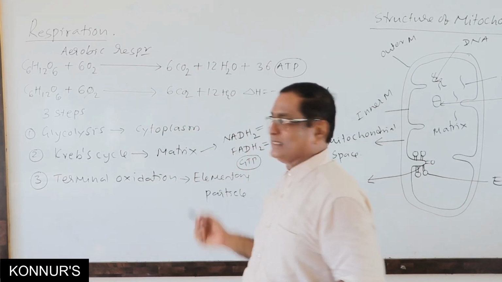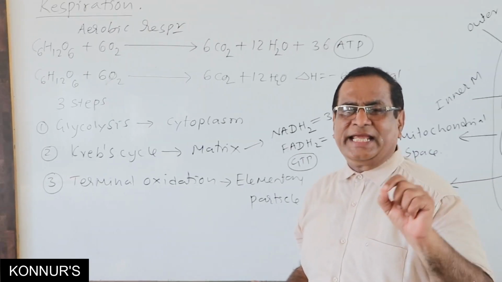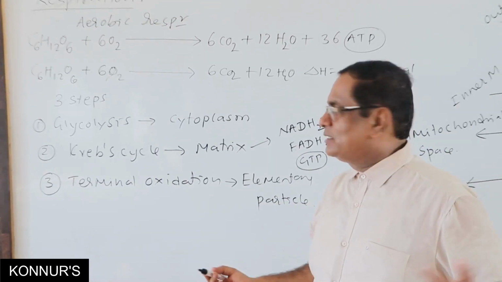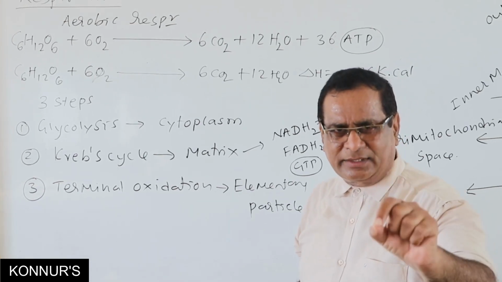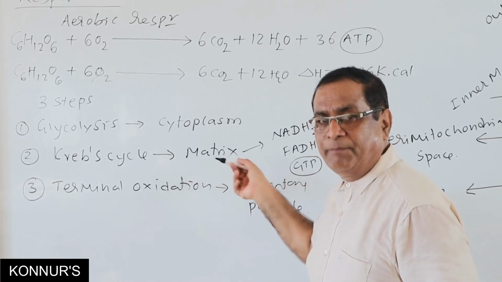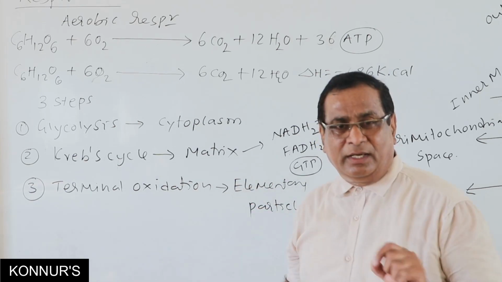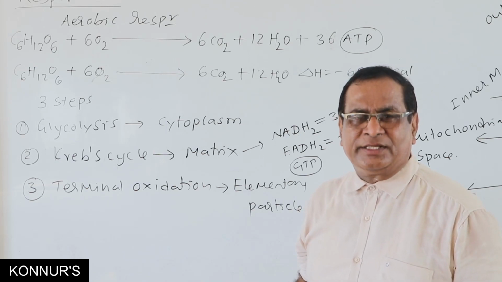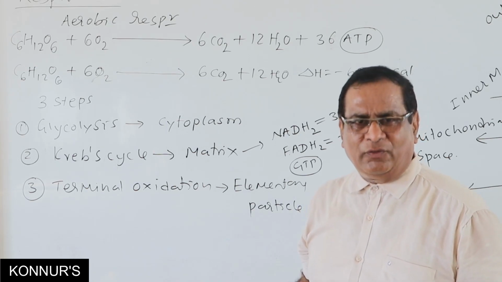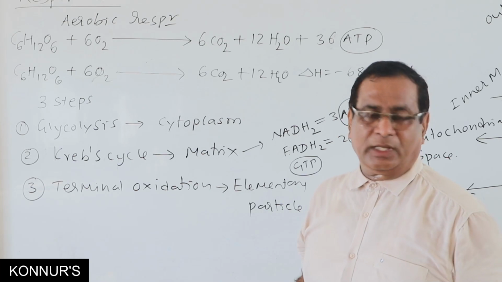Glycolysis takes place in the cell cytoplasm. The Krebs cycle takes place in the matrix of mitochondria, and terminal oxidation takes place in elementary particles present on the cristae of the inner membrane.